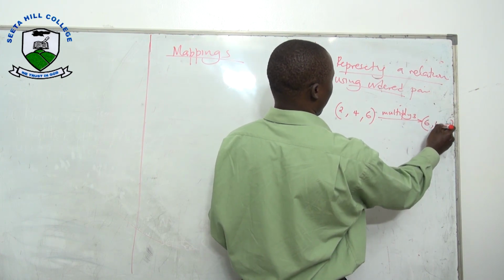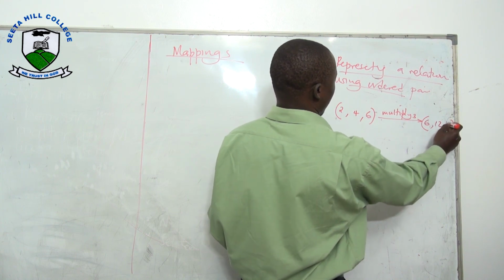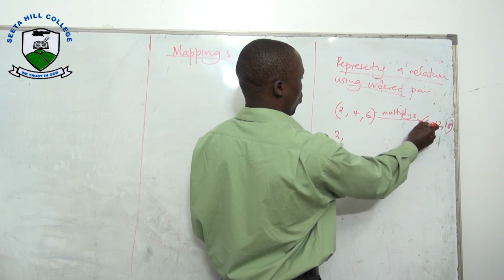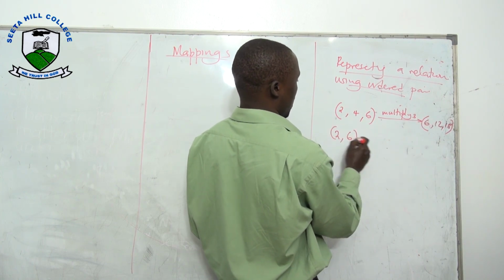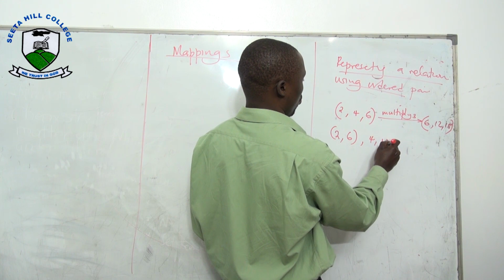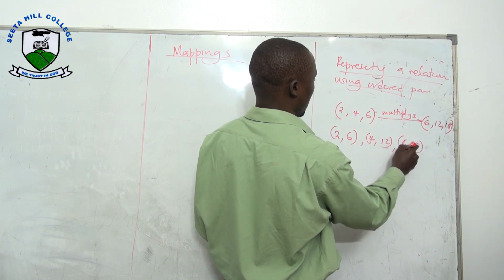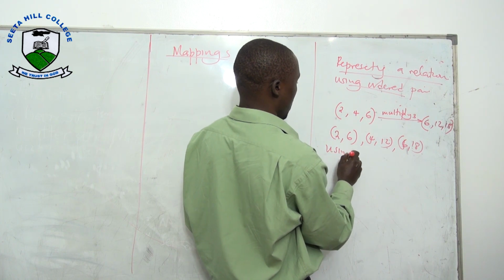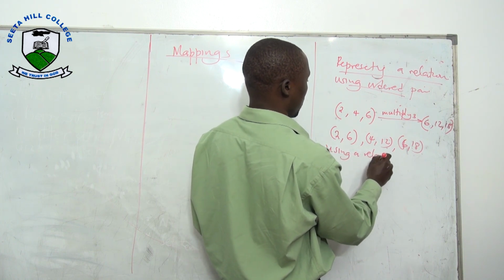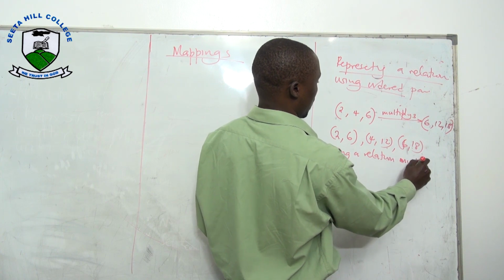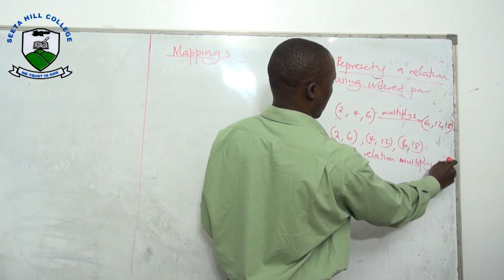Gives me 12. 18. That means I can connect 2 to 6 and 4 to 12, 6 to 18 using a relation. Multiply by 3.